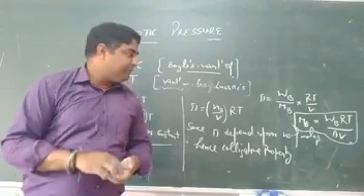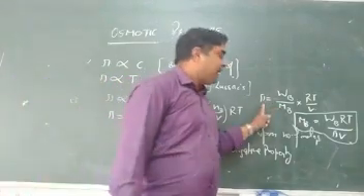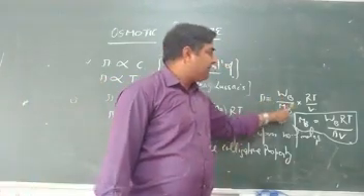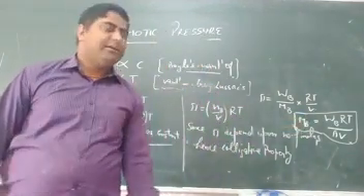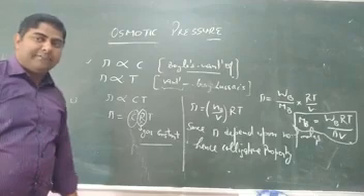So we have to keep in mind the formula: pi equals W_B upon M_B into RT upon V, where R is the gas constant, T is absolute temperature.